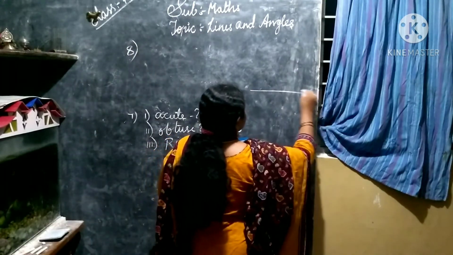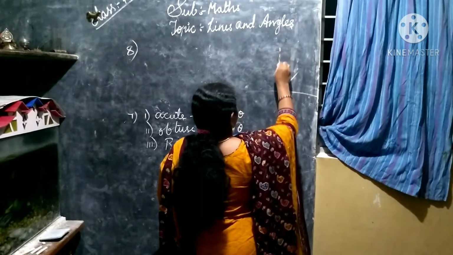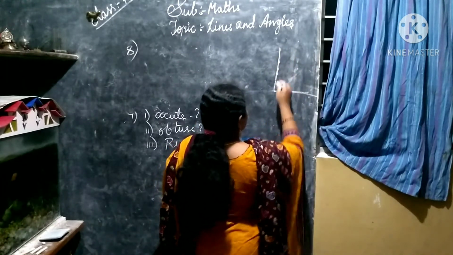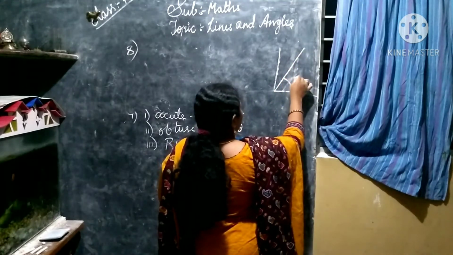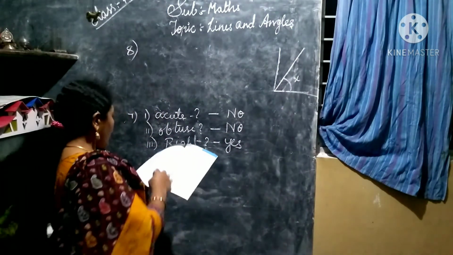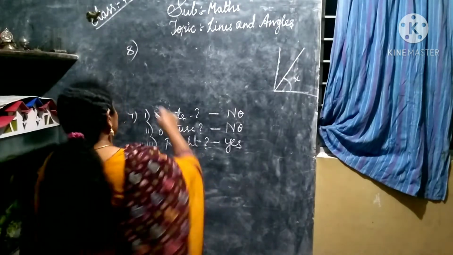So one angle is already more than 45 degrees. How should the second angle be? Greater than 45 degrees?